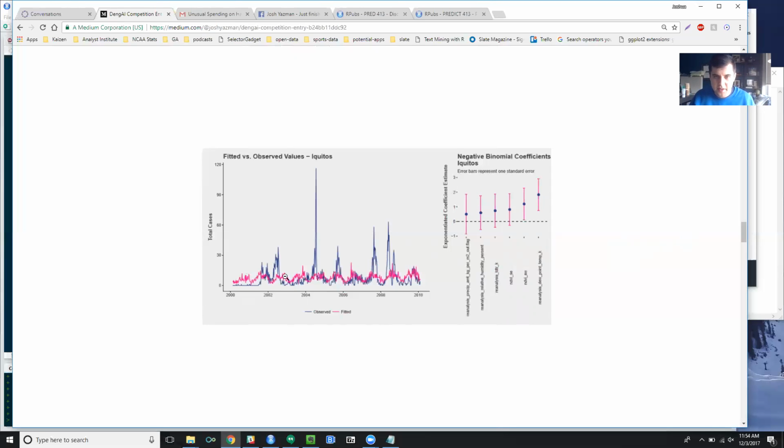fit the seasonal trend, like the ups and downs each year. They fit that nicely, but neither model really does a great job of capturing some of these spikes where there were dengue fever epidemics.